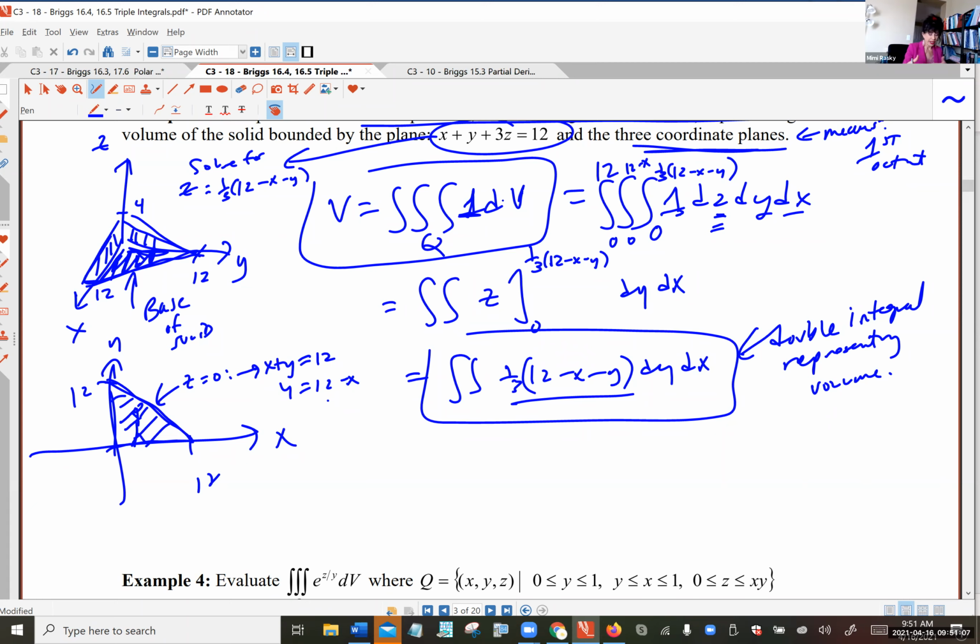Then you iterate it, and eventually the capping surface does end up in the integrand as it would for a double integral, because in a double integral representing volume, you put your capping surface there. They're equivalent, but follow directions, because sometimes I might say set up a triple integral to represent the volume of a solid, and other times I might say use a double integral.